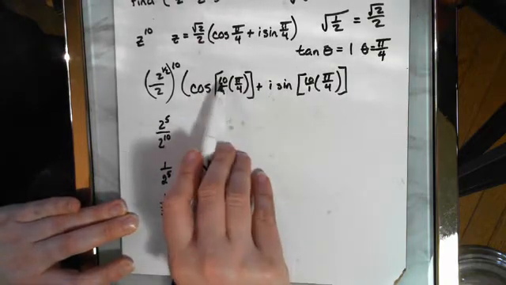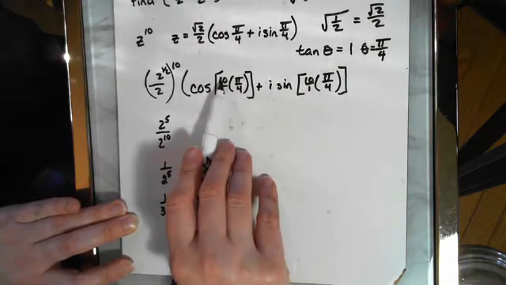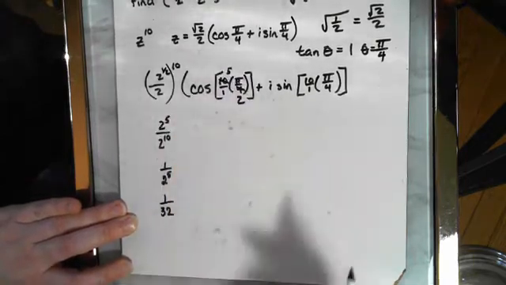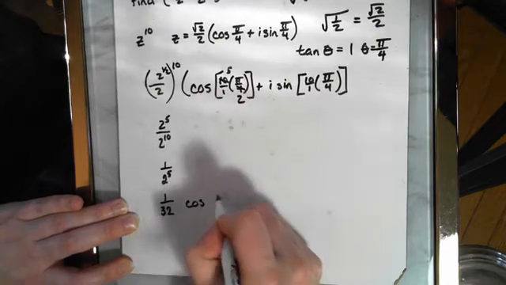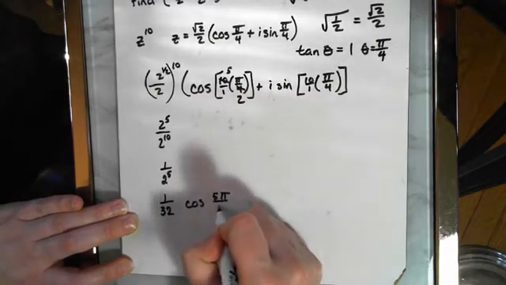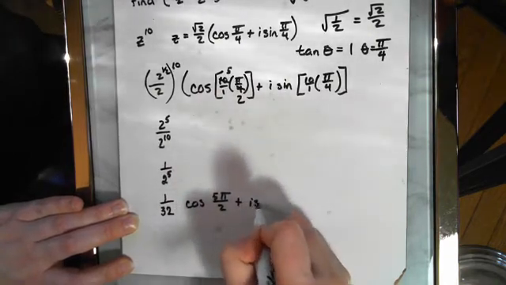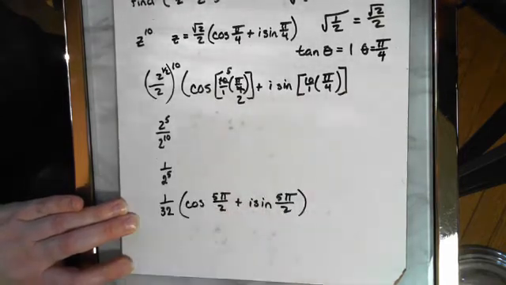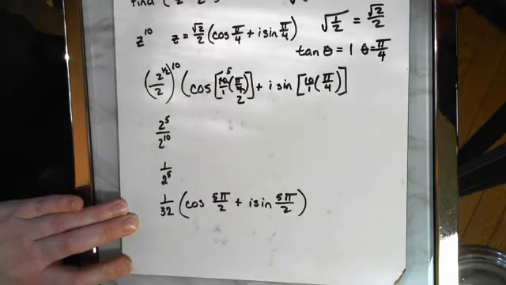Okay, and then for my pi over 4 times 10, I can reduce this. This becomes a 2, and this becomes a 5. So it is the cosine of 5 pi over 2 plus i sine of 5 pi over 2. And that is it.